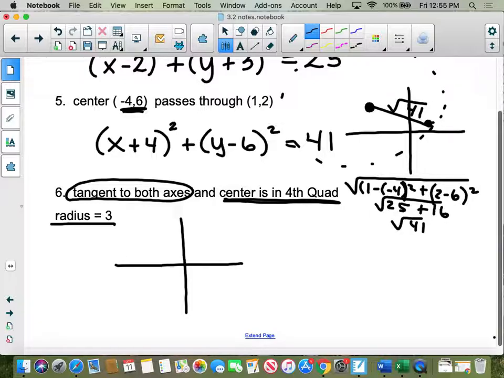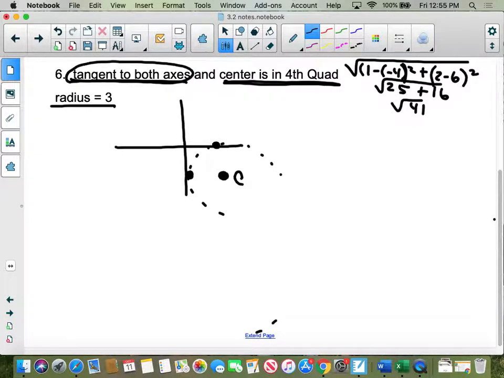Your circle is tangent to both axes. It touches this one, and it touches this one. So it looks something like that.